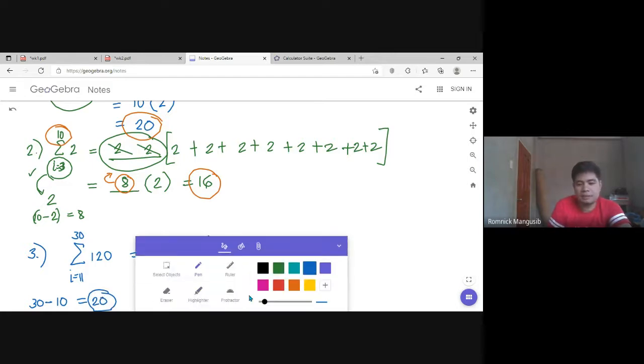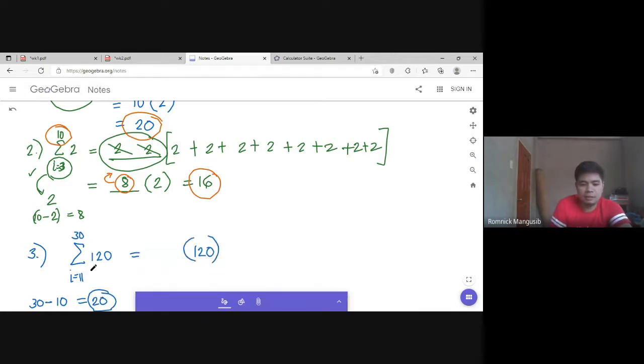I repeat, since nag-start ka sa 11, kailangan mong tanggalin ang 10 sa 30. So 30 minus 10 gives you 20 at yun na yung i-multiply mo sa 120. Sa madaling salita, 20 na 120 na lang ang i-add mo para makuha ang total.